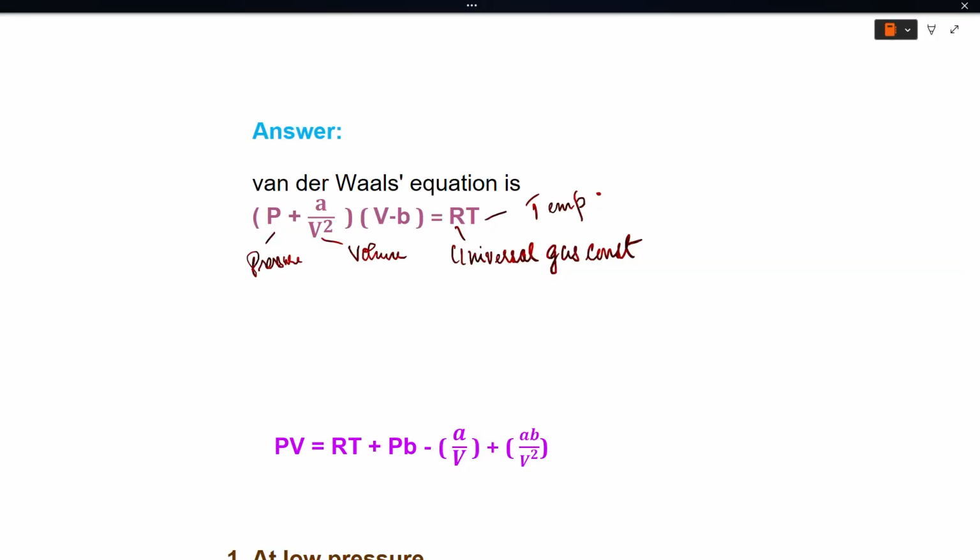Okay. Now, let us move on to the expansion of the brackets. Multiplying P into V, we will have PV.